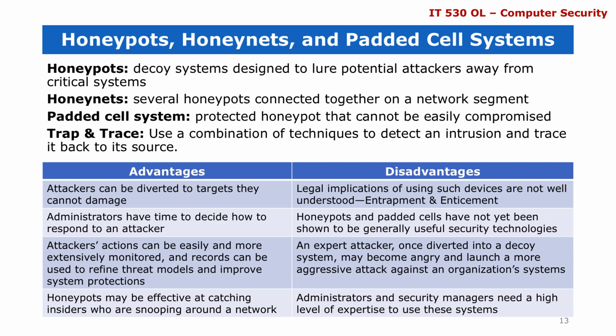We also have the padded cell system. Padded cell systems are also honeynets or honeypots. The difference is that honeynets and honeypots can be lax in their implementation to allow attackers to quickly access them, while padded cell systems are usually more protected and not easily compromised like a honeynet.